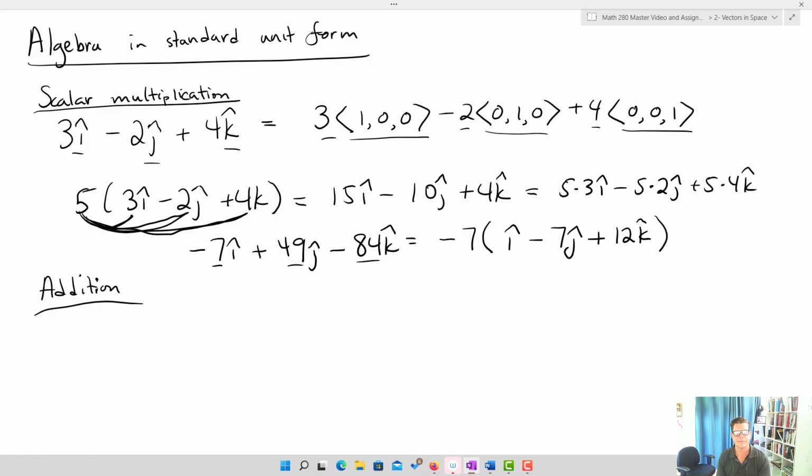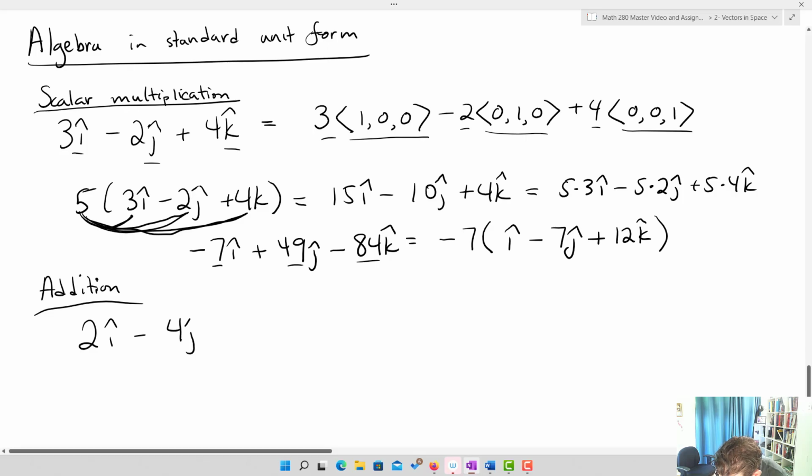And there we go. Addition's going to work the same way. We're going to actually add the scalars now. Okay, so add each component scalar, and then bring everything together. So for example, I've got 2i minus 4j plus 6k, and we'll put that in parentheses, and I'll add to that another vector in component form.